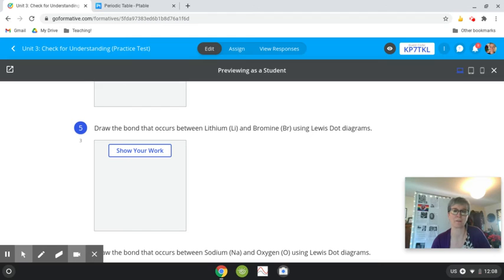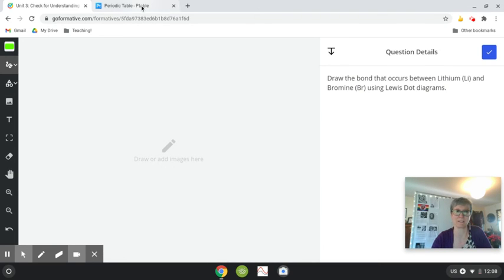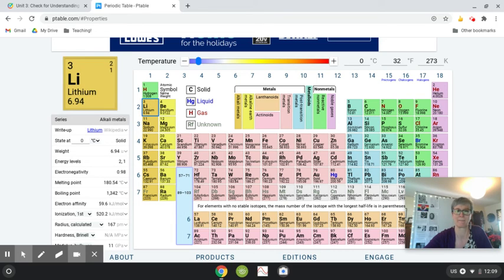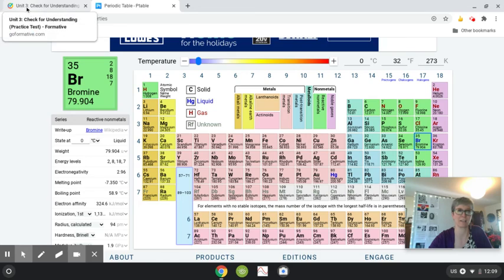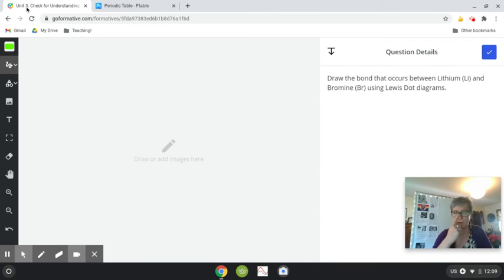Draw the bond that occurs between lithium and bromine. So again, looking at the periodic table, I'd find lithium being in group 1, bromine in group 7. Remembering that octet rule, lithium wants to give away 1, and bromine has 7, so it's only going to get 1 electron. So I'm just going to continue using green, because why not? So there's lithium.